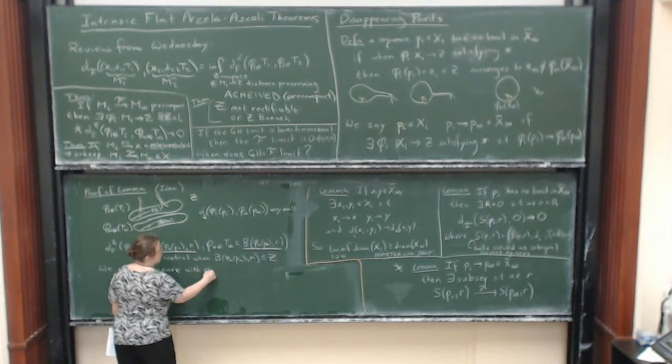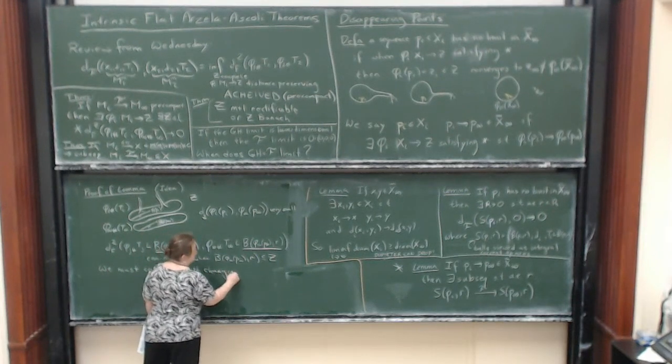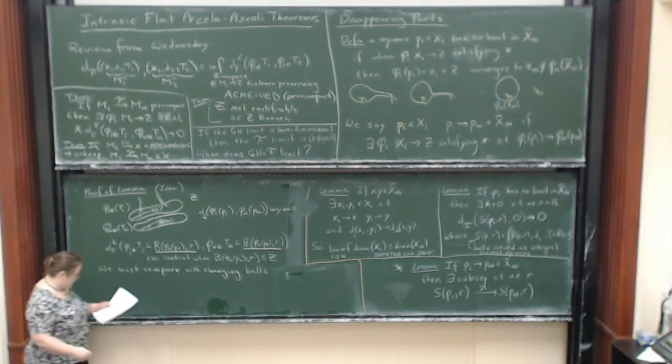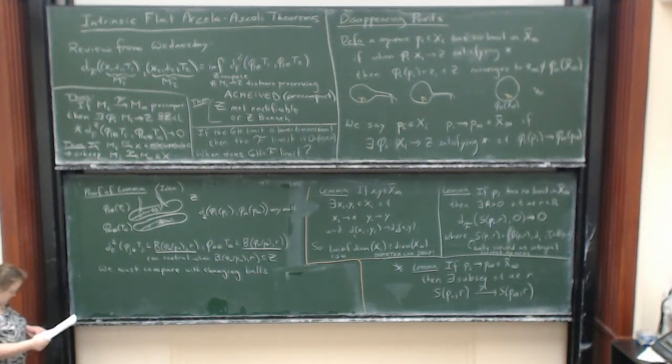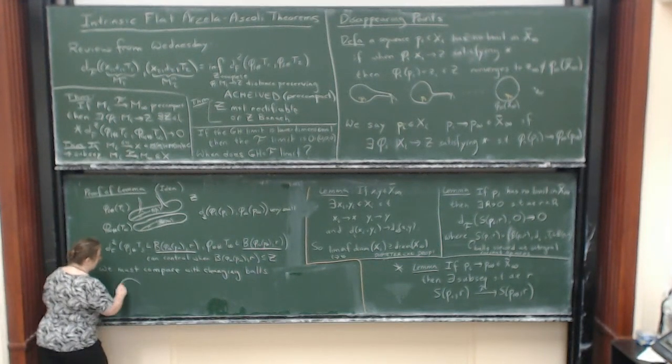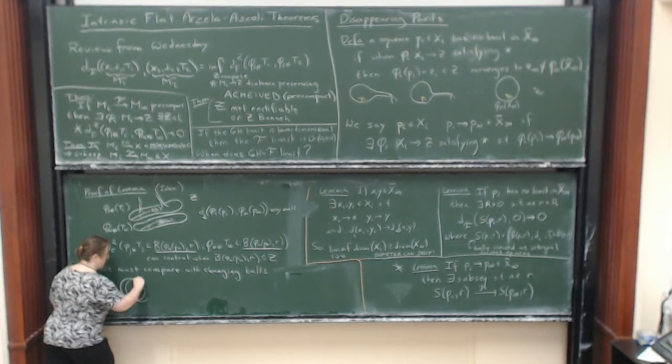Changing balls. In order to study changing balls, what you end up being concerned about is you have this one ball here, and you have another ball. There was a picture like this earlier this week.